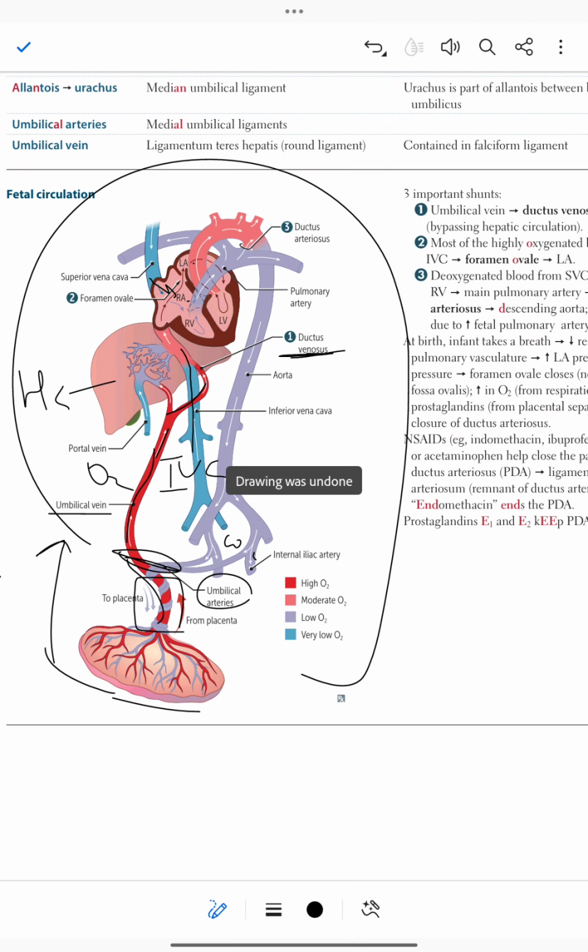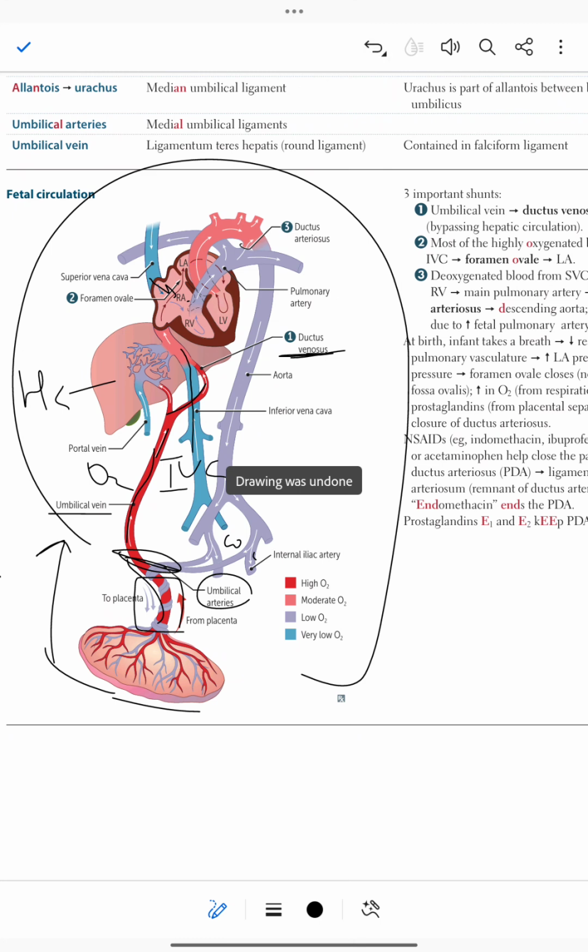Within the interatrial septum, second important shunt located, it's called foramen ovale. Foramen ovale provides the passage of the blood flow from right atrium to left atrium.